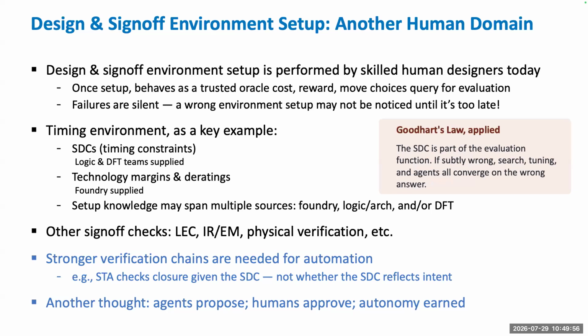Again, I would not risk a multi-million-dollar tape-out on a recommended setting, even if it seems like it's going to save a lot of time. I still want to be sure, until you're highly convinced that this thing is working appropriately. I think the concept of propose and approve makes a lot of sense.